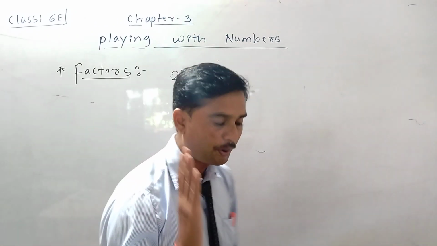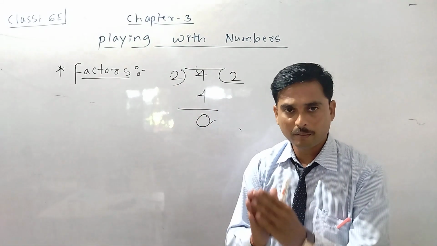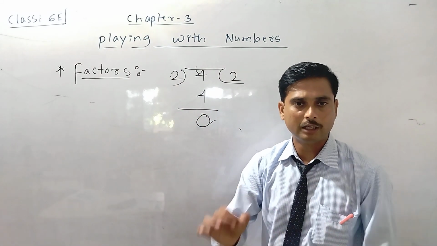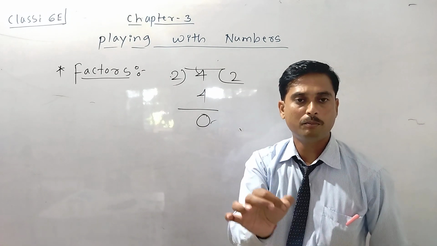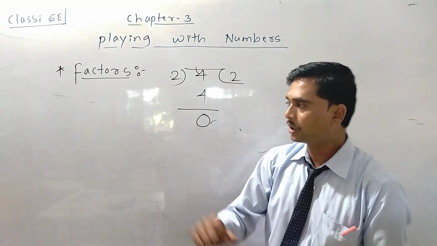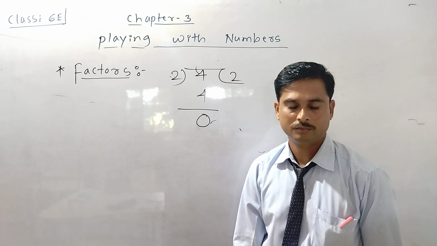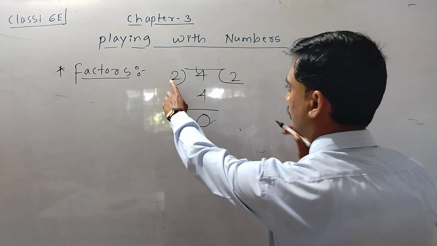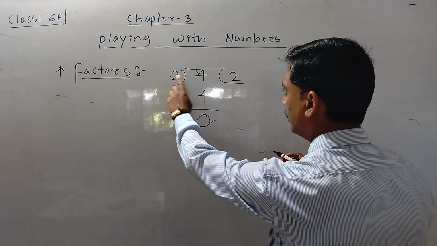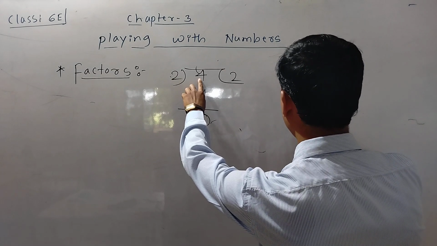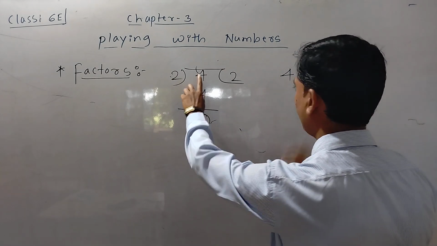Factors of 4 means the numbers which completely divide 4. So 2 divides 4 completely, which means 4 has 2 as a factor.